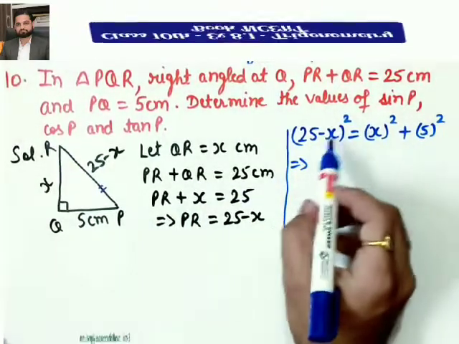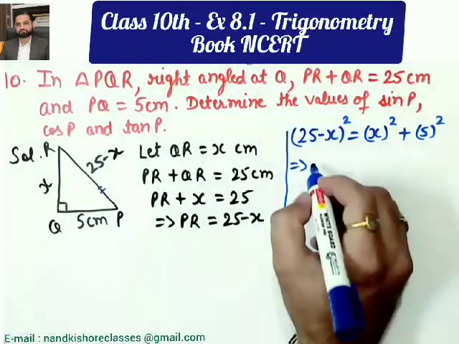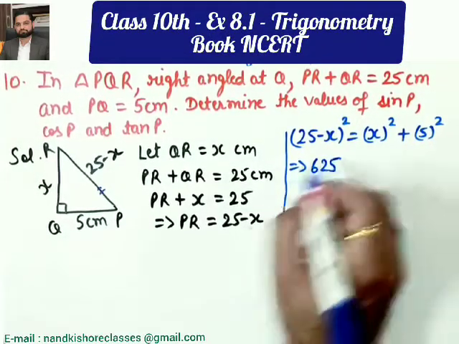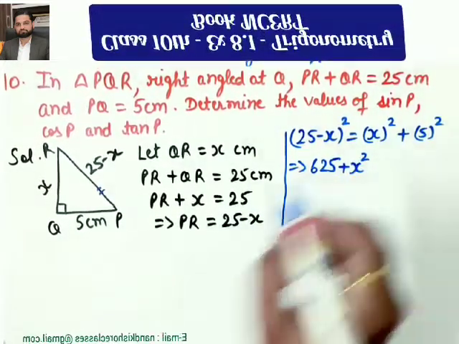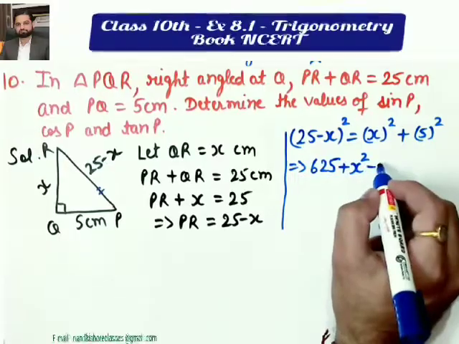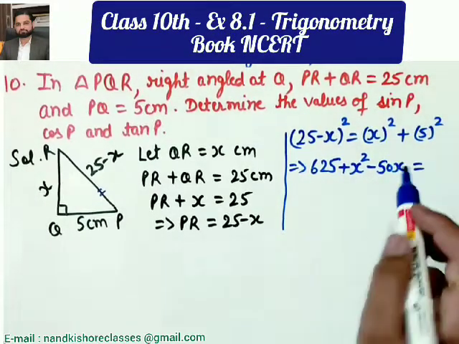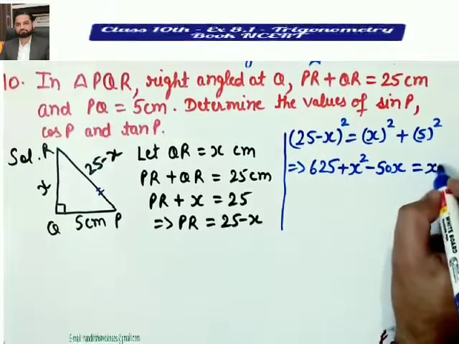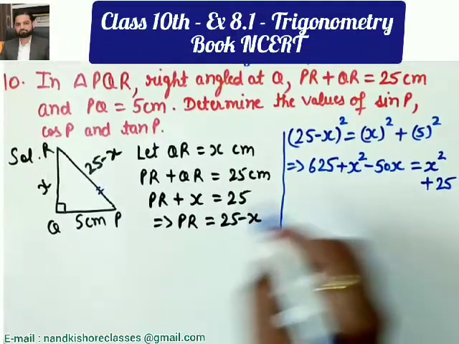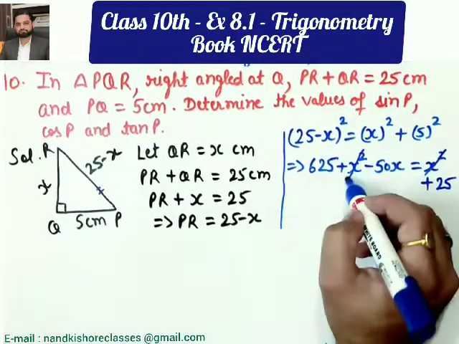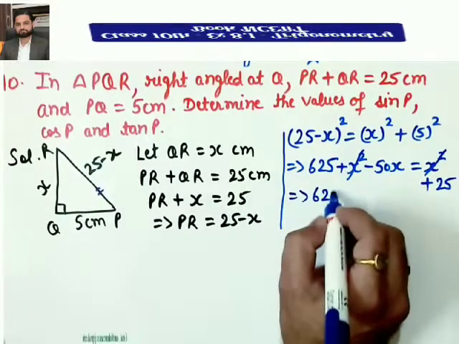Now (a minus b) whole square, that means a square. a square means 25 square and 25 square is 625, plus b square, minus 2ab. If I use 2ab, I'll get minus 50x, is equal to x square plus 5 square, which is 25. What my next step will be: this x square and x square will be cancelled and we will get 625.